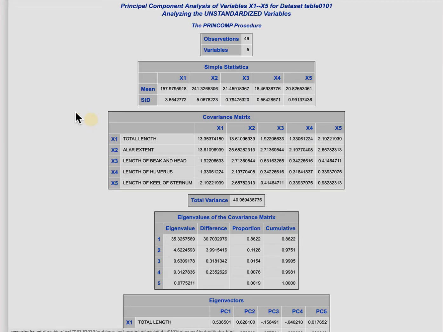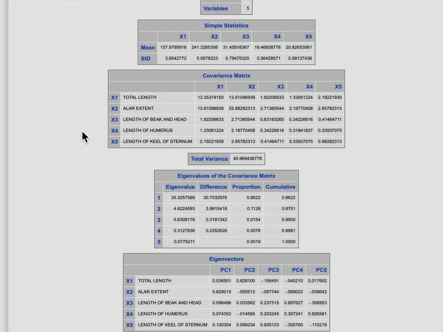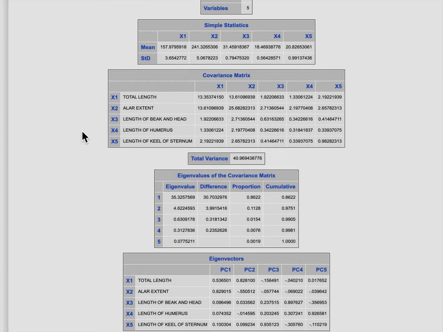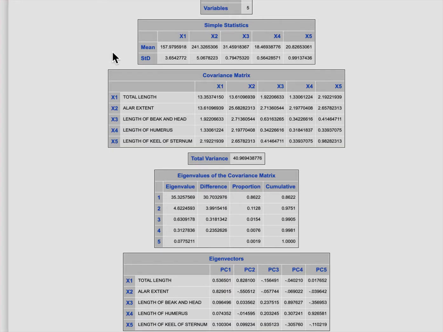And so if we look at the output from this principal component analysis, where are the values that we need to calculate the test statistic in performing this hypothesis test? Well, again, we need the lambda hats. Those lambda hats are given as the eigenvalues or characteristic values of the estimated covariance matrix.